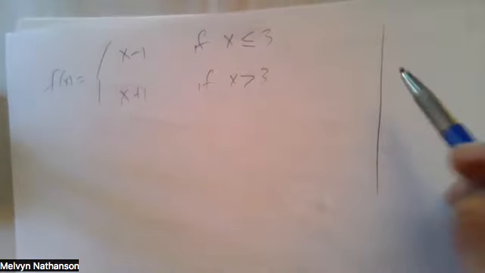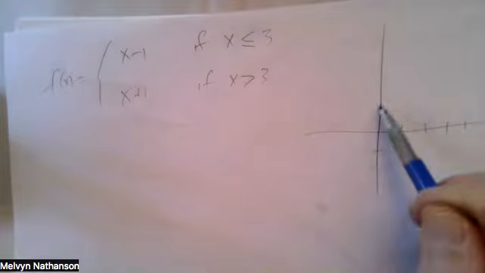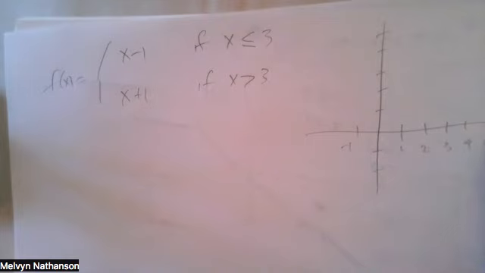So what does the graph of such a function look like? So here's x equal 3. That's the line x equal 3.